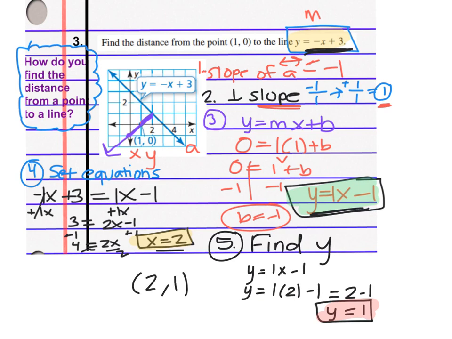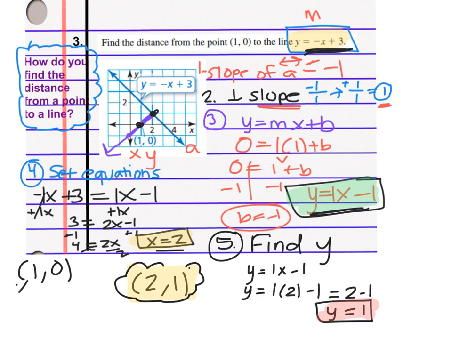Now on this particular problem, since it was kind of an easier problem, you can see that point on the graph right here, 2, 1. So what I need to do is find the distance from 2, 1 to 1, 0.